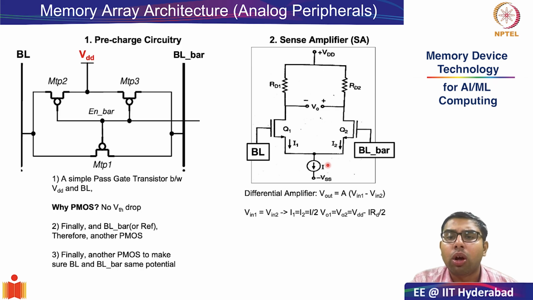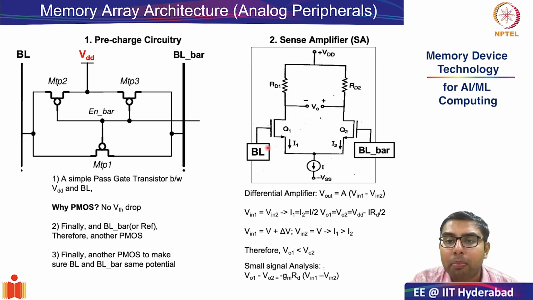However, under these circumstances, if the bit line develops an additional small delta V analog voltage, let us try to see how this differential amplifier behaves or reacts.